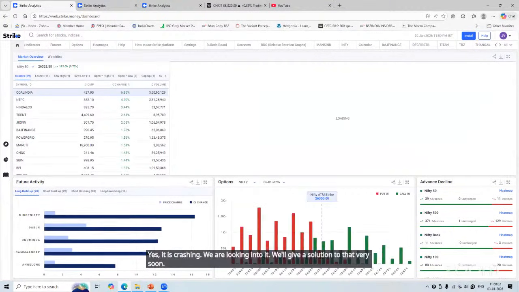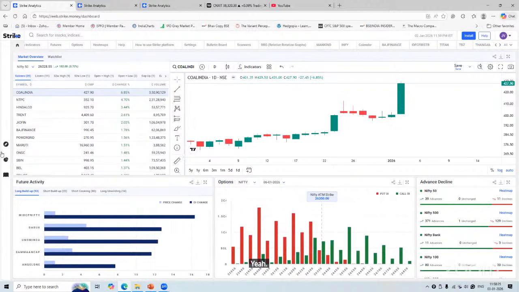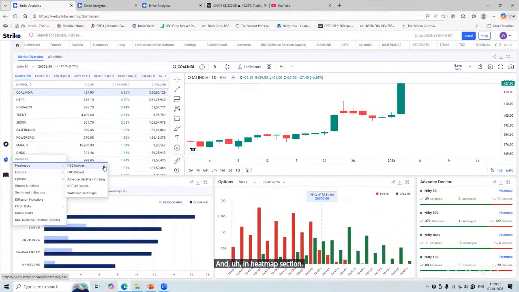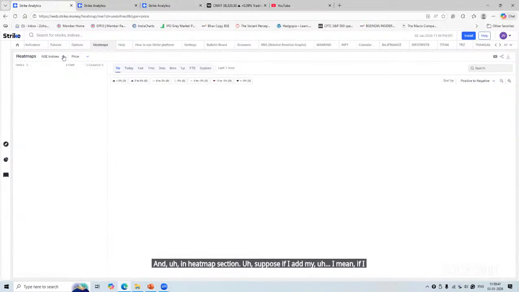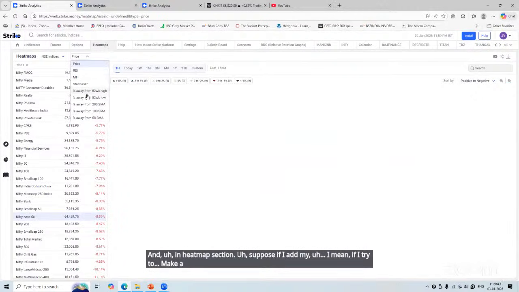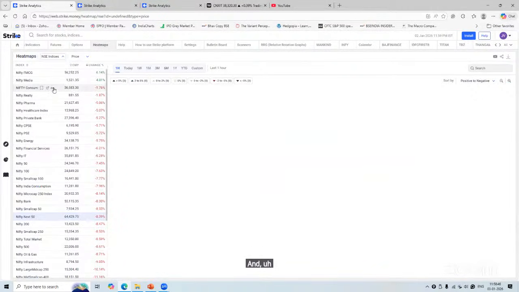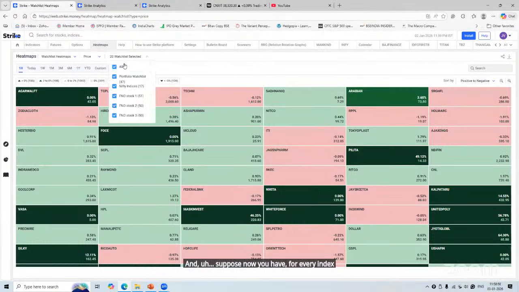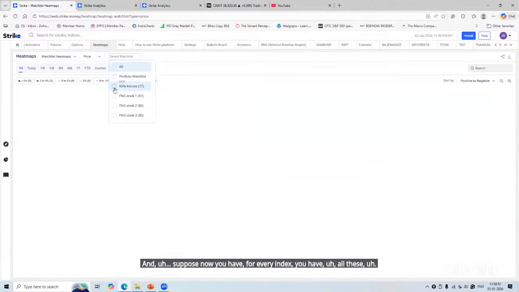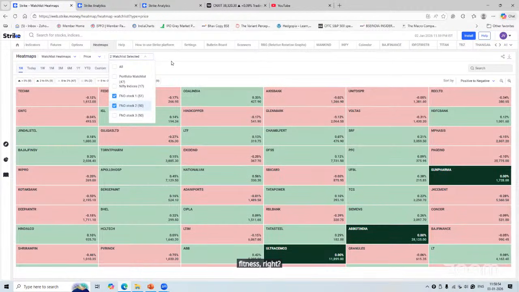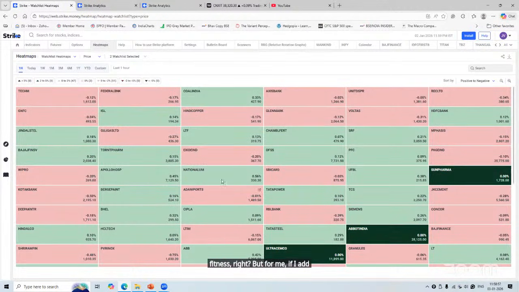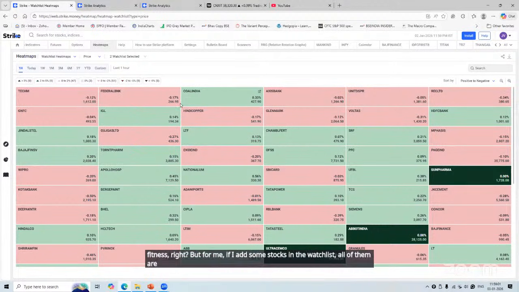Okay. And in the heat map section, if I try to make a watch list, now for every index you have all these heat maps, right? But for me, if I add some stocks in a watch list, all of them are showing together, not different watch lists, different heat maps.